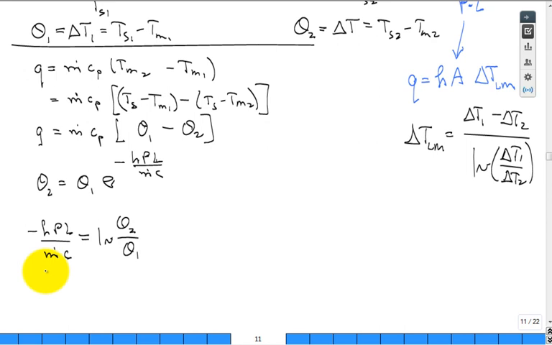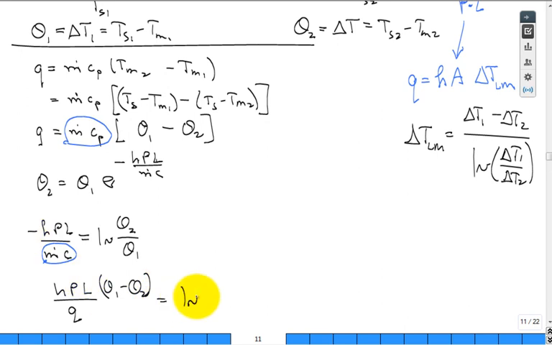What we do up here is we look and we say, I want to reuse this equation to replace m dot C in this equation at the bottom. So we eliminate m dot C, and you'll pick up that this is equal to HPL divided by Q, theta 1 minus theta 2, equal to that negative sign. You'll have the natural log of theta 1 over theta 2. All right.